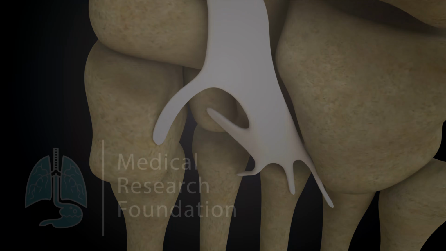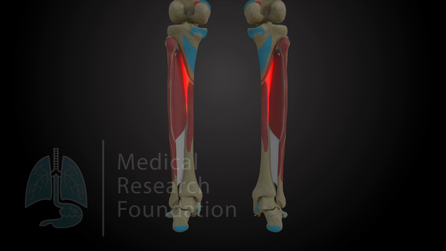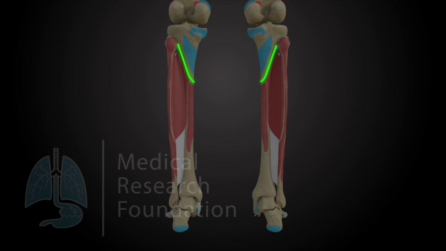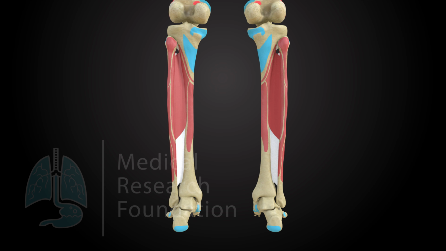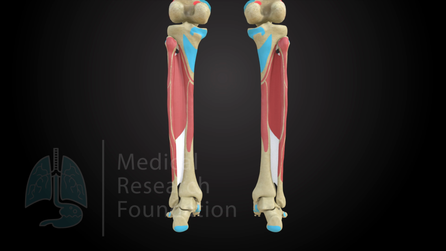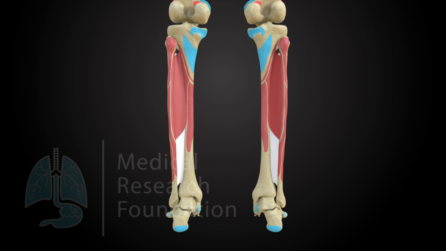Tibialis posterior. Origin. The origin takes place from the upper 2/3 of the lateral part of the posterior surface of tibia below the soleal line, posterior surface of the fibula in front of the medial crest, and also from the upper 2/3 of the posterior surface of the interosseous membrane.